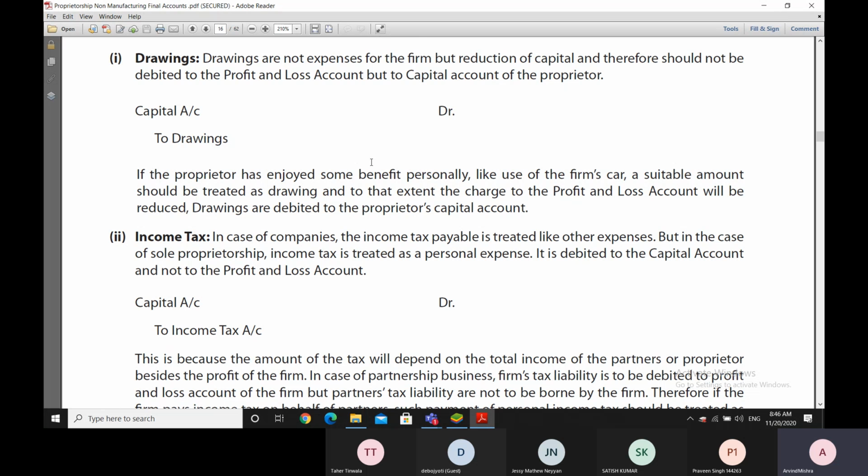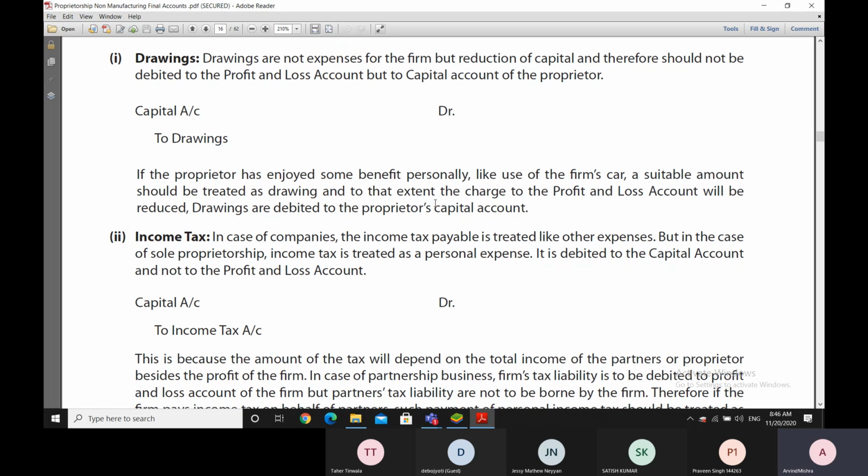If the proprietor has enjoyed any benefit personally from the business, it could be the use of the firm's car, a suitable amount could be treated as the drawing.